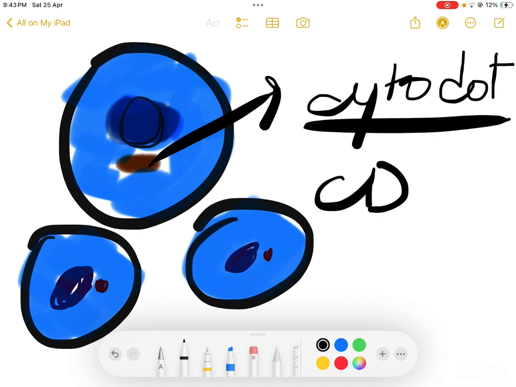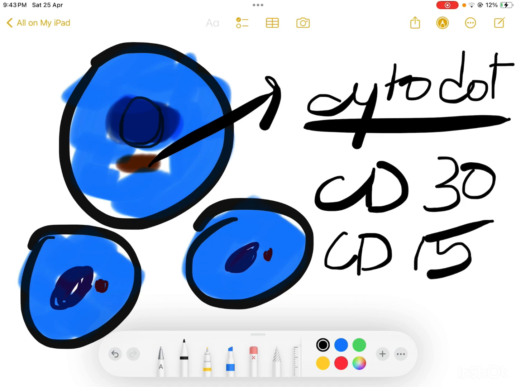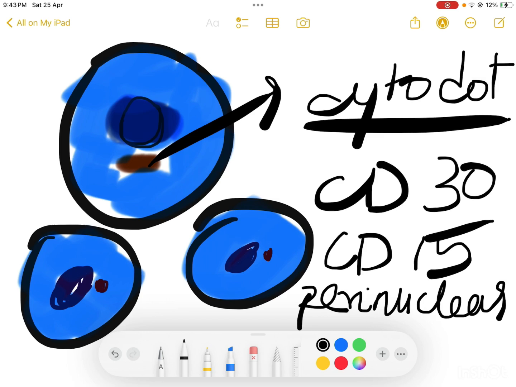Those are CD30, CD15. And one good thing you have to remember is that these are perinuclear. Now in which tumor those are present, that you can go and find. So you can see their position is perinuclear.